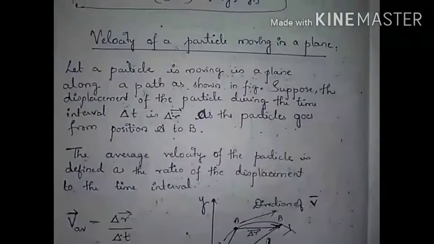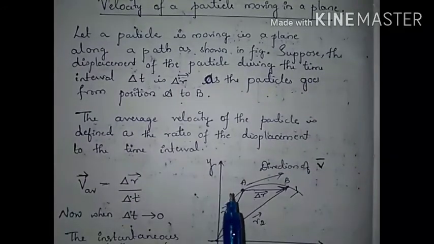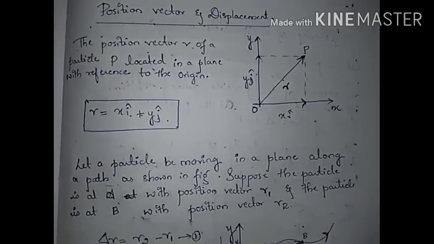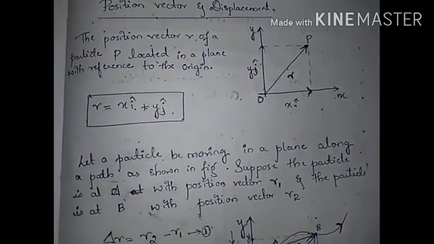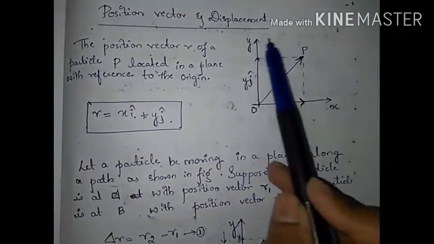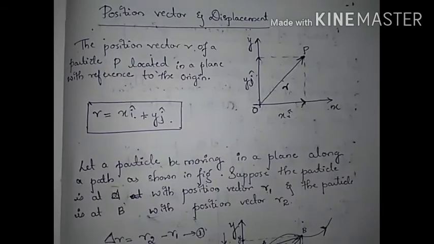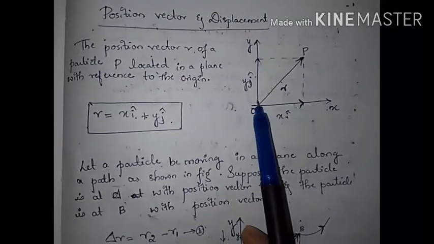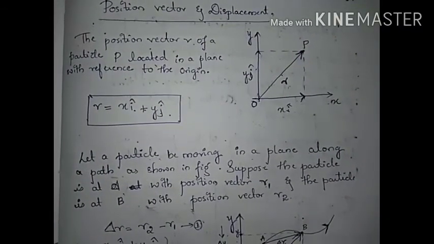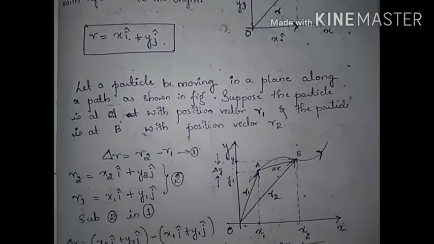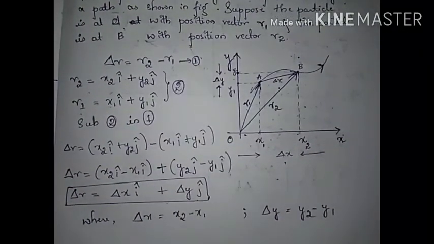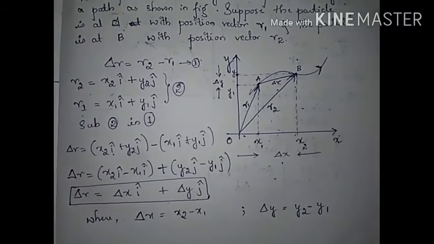So what we have done in this class: first we found the displacement of the particle which is moving in a plane. To find displacement we need to know the position vector. I have explained what the position vector is from the xy graph. So here the particle is moving in a plane. With the help of the position vector we have written delta r, or the displacement of a particle moving in a plane.